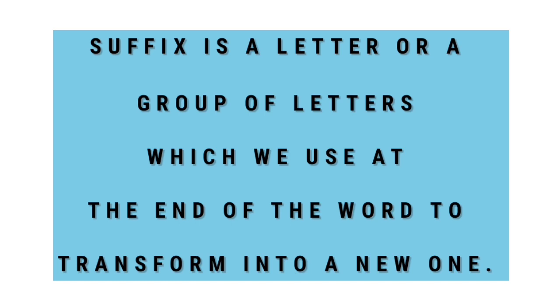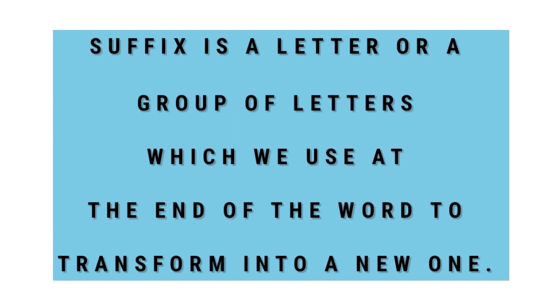So why do we use it? We use a suffix sometimes to create a different word which we can use as a noun. So a suffix gives a new look to a word, like happiness. If we take this word happy, which is an adjective, but when we add a suffix at the end of this word, it creates a noun form of happy, that is happiness.